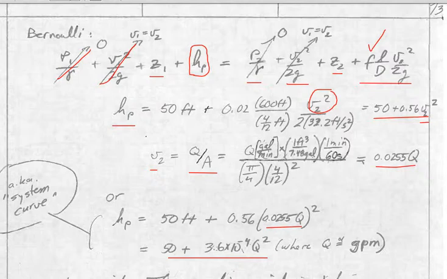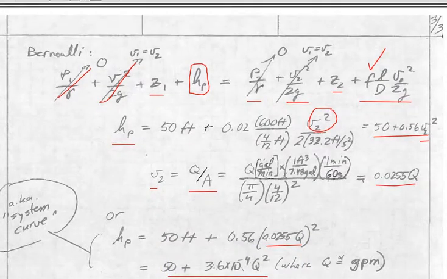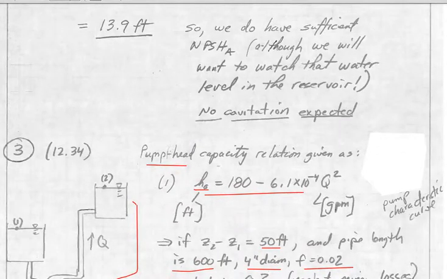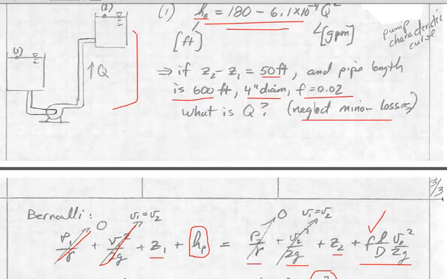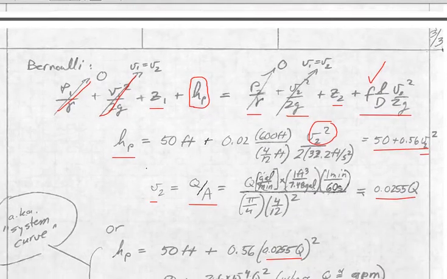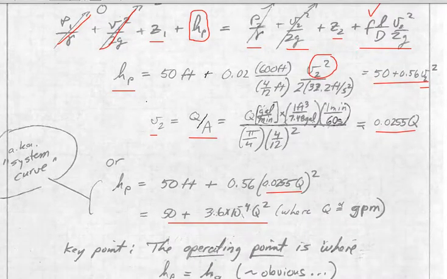In order to find Q, it has to satisfy both the system curve here, that's for our system, and the pump characteristic curve here, which is HA. In other words, HA has to be equal to HP, so the available head is the same as the pumping head.